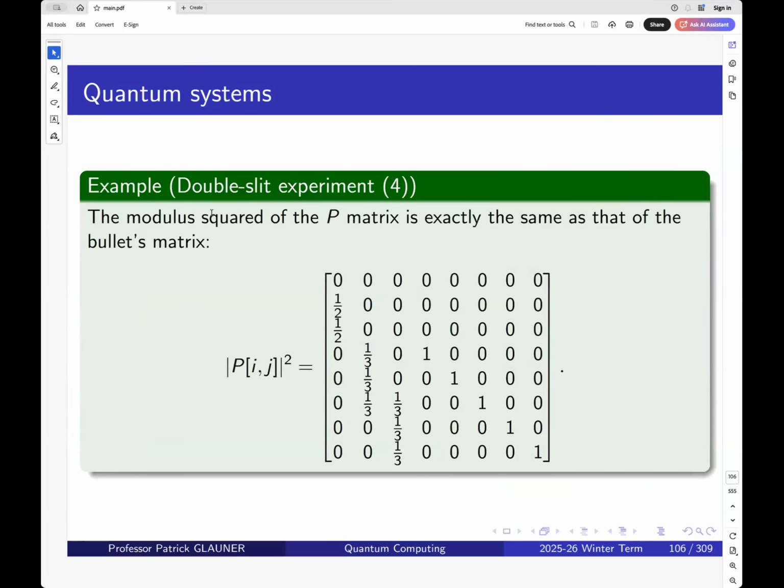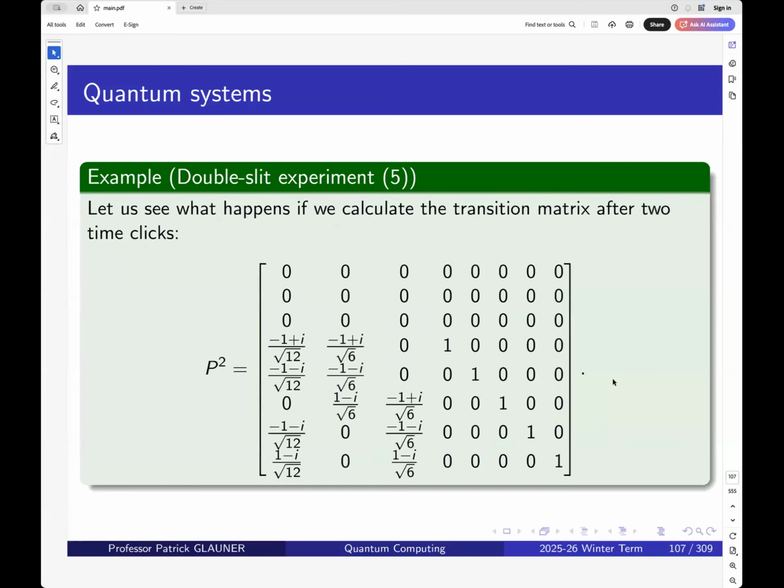We could calculate the modulus squared of each entry in P. And what you will see is if you calculate the modulus squared of every entry in P, it's just the same matrix we had in our stochastic double slit experiment, or probabilistic double slit experiment. We've seen exactly this matrix before, which was also not doubly stochastic.